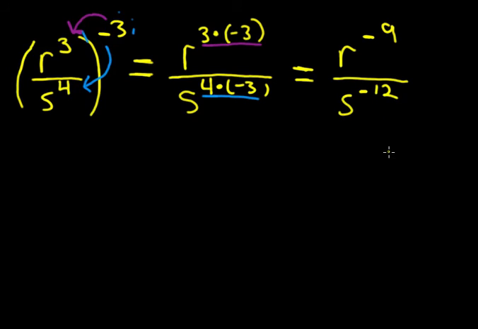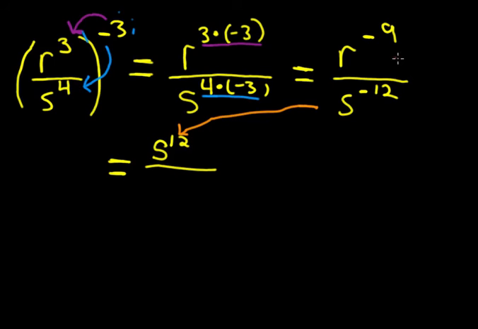But we don't like writing negative exponents. So the negative exponent is going to tell us to switch sides. So s is going to move upstairs, and it's going to become s to the 12th.